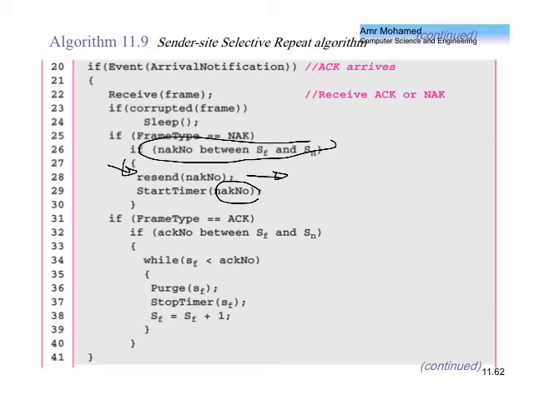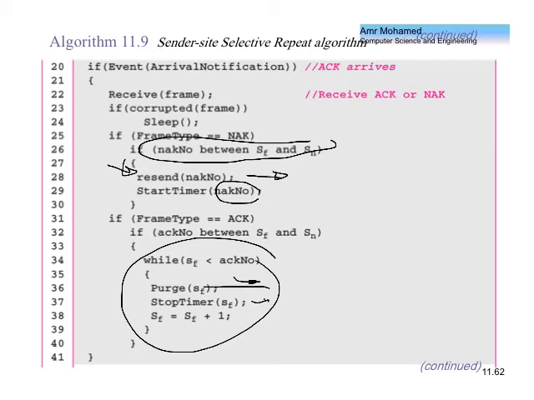If the frame type was an acknowledgement, then remember acknowledgement is accumulative acknowledgement. That's why here we have a loop. An acknowledgement means that we slide the window. So in that case, we have a loop starting from SF all the way until I hit the acknowledgement number. I will keep purging, stop the timer.